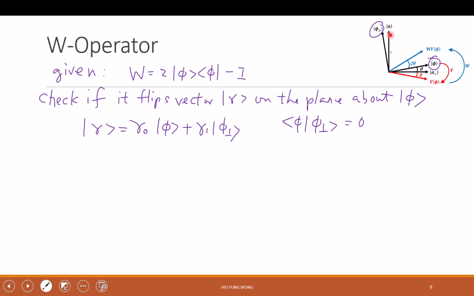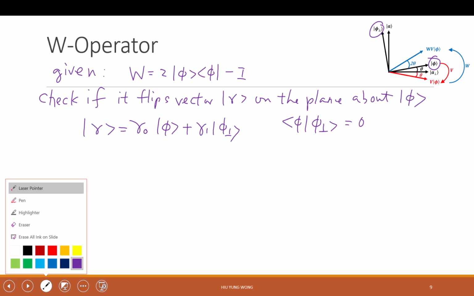So if beta can be expressed by a linear combination of A and A perpendicular, it can also be expressed by a linear combination of phi and phi perpendicular. Right? It's just like in a 2D coordinate system, X, Y becomes X dash, Y dash. So I can express it in this way.